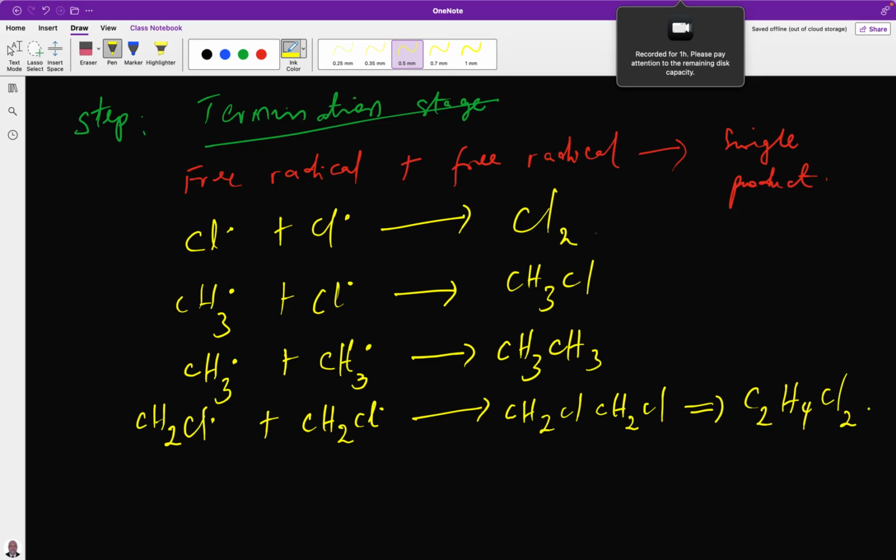But bromine reacts in a similar way, but the reaction is slower.